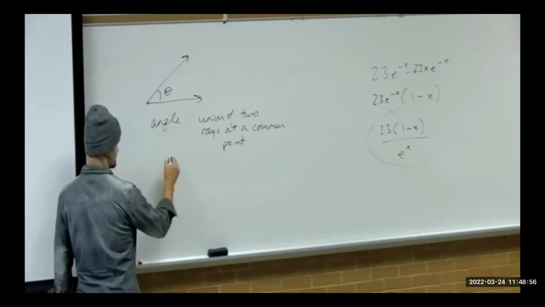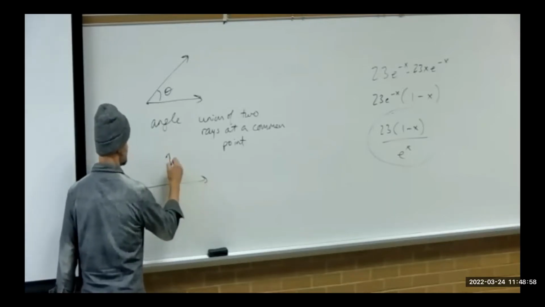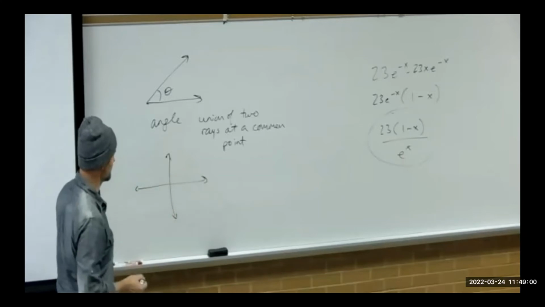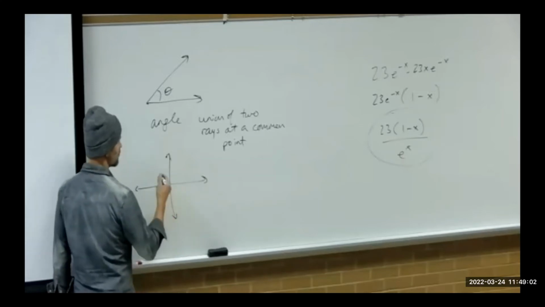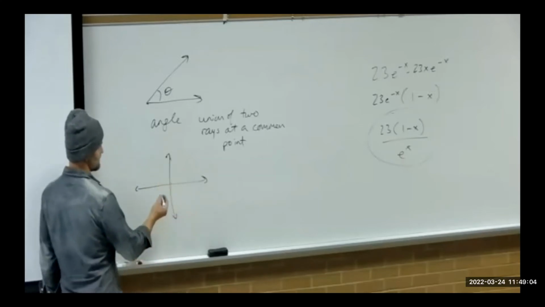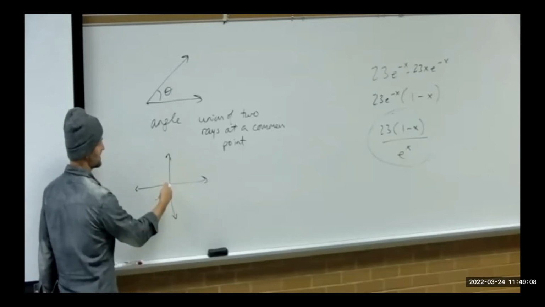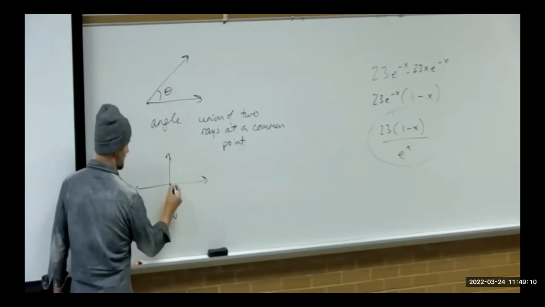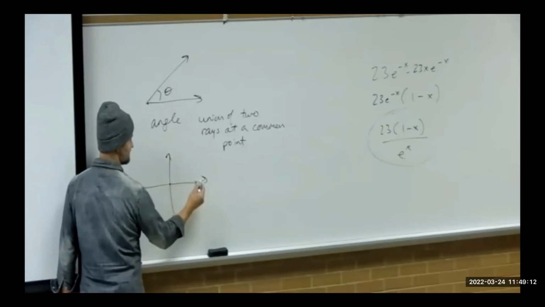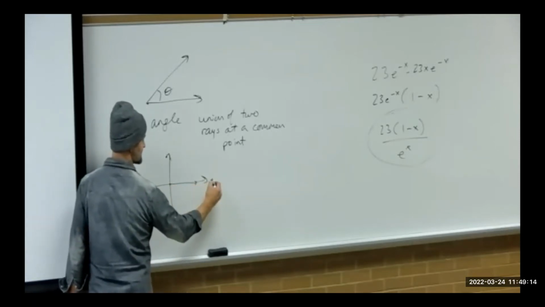Hopefully by the end of this, you'll feel very confident about radians and degrees and going back and forth. So when I draw an angle in a basic set of coordinate axes, I always put the common point at the center, and I have my initial side be the positive x-axis.